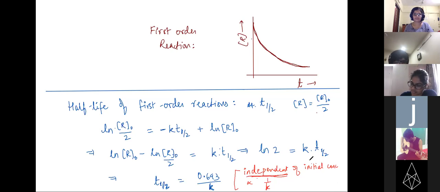Ma'am, just a doubt that popped up in my head. You told us that hydrogenation of ethene is one example of a first order reaction, right? So in the examination, can they ask us to calculate the half-life for hydrogenation of ethene? You're going to get more information about that.